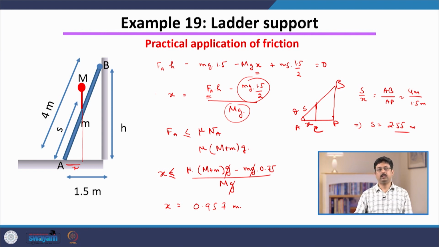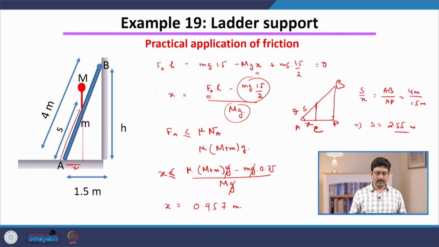Now, the important point is that this is the maximum distance the painter can climb. After that, if he or she climbs higher, then the ladder will start to slip. But this is an experimental demonstration that the painter's position can be anywhere from the floor up to this distance.